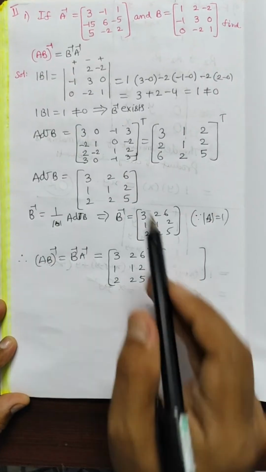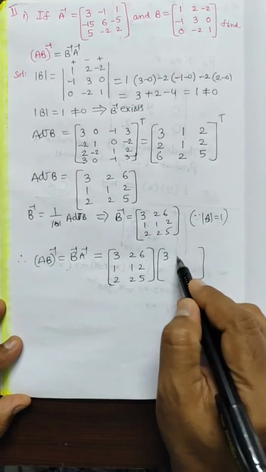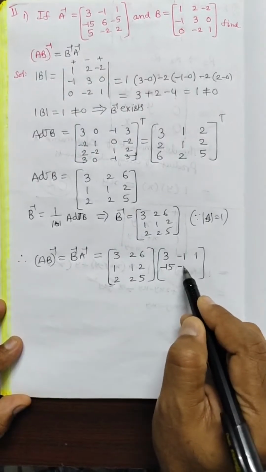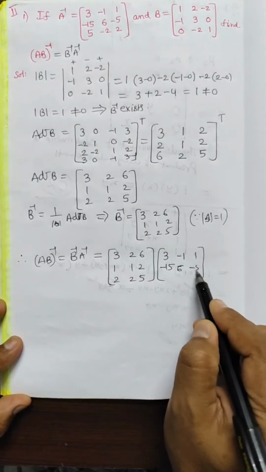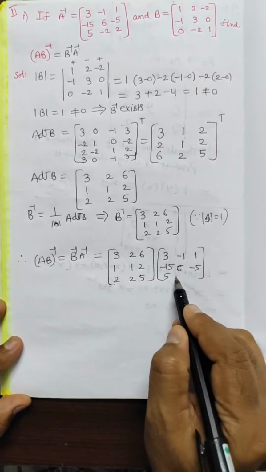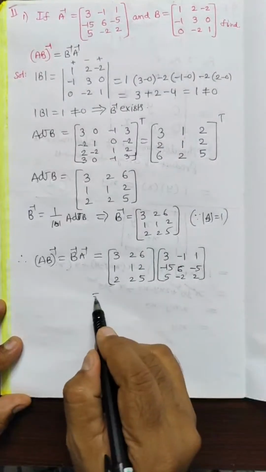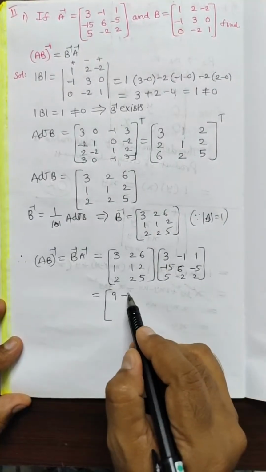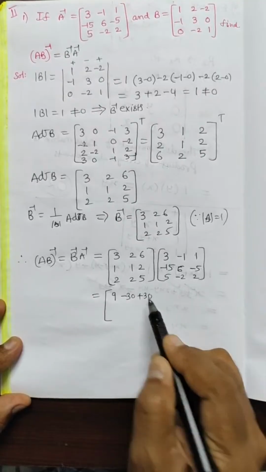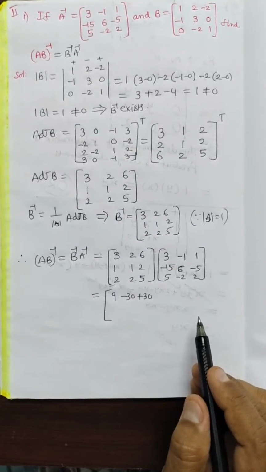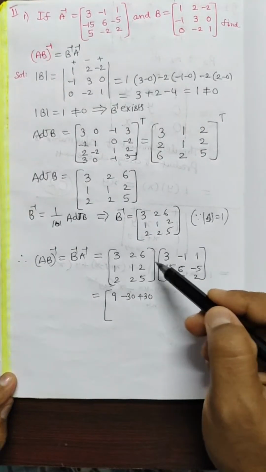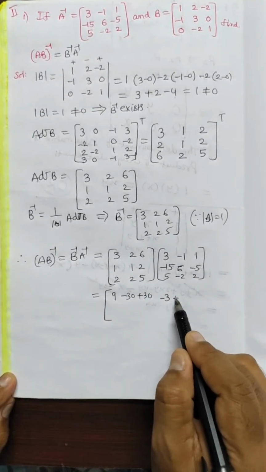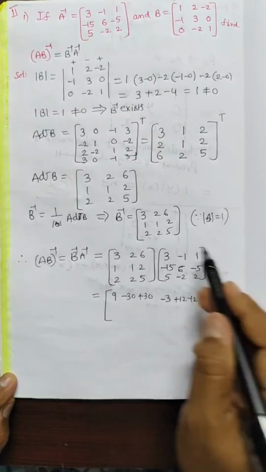So what is the value? 3 minus 1, 1, minus 15, 6, minus 5, 5, minus 2, 2. So normal multiplication. 3 3 is 9, minus 30, plus 30. 9. Next, minus 3, plus 12, minus 12.